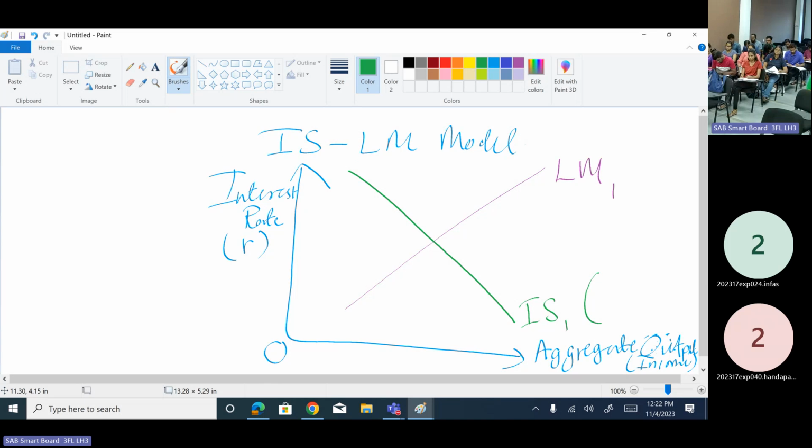The IS curve represents the goods market. The LM curve represents the money market.